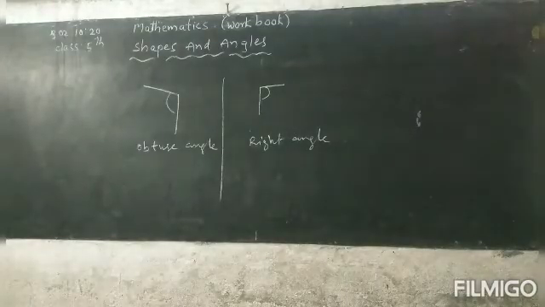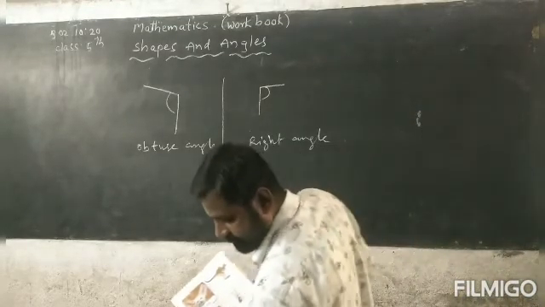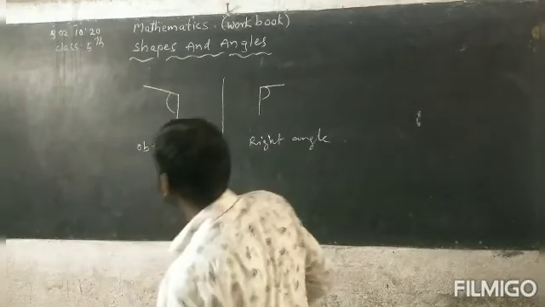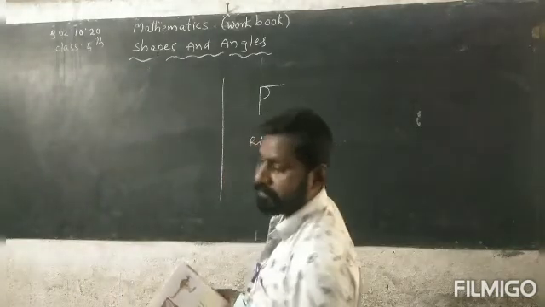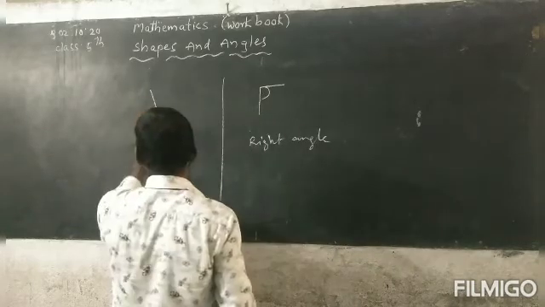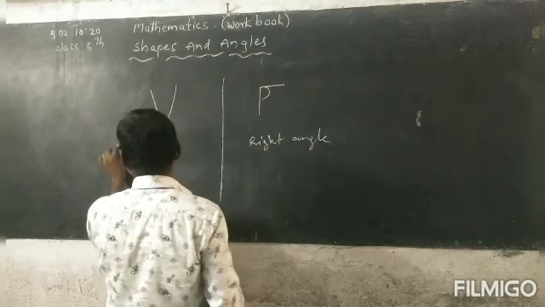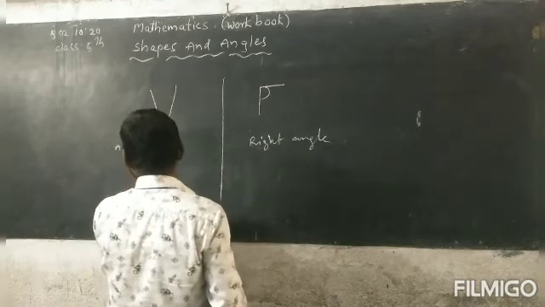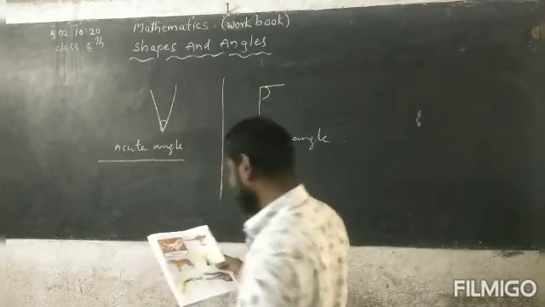See here, this is less than 90 degrees. Less than 90 degrees means the angle which is more than 0 degrees and less than 90 degrees is called, what is this? Acute angle. Deer, acute angle, beta.